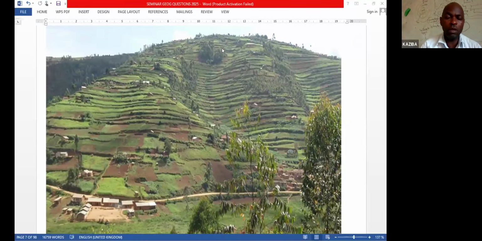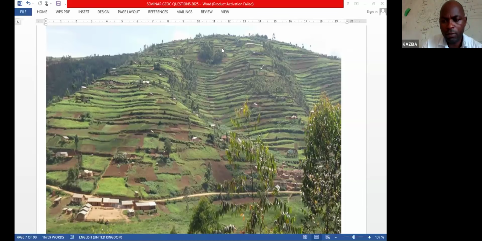When they tell you to draw an aerial photograph, usually they tell you to trace. If the school cannot afford tracing papers, you just put that photo on top of your answer sheet, trace it. And when you've drawn it, say a traced map. Don't say a traced photograph. Say a traced map.